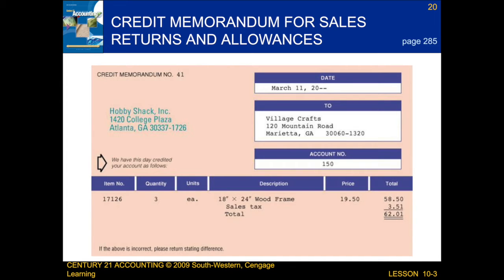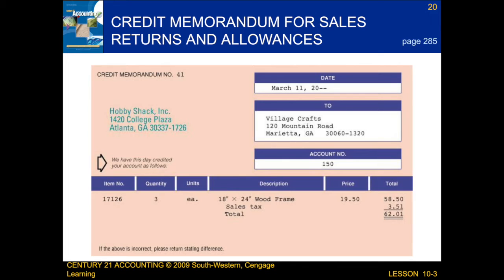The item number is 17126. The quantity is 3 units each. The description is an 18 by 24 wood frame. The price is $19.50, and the total is $58.50.